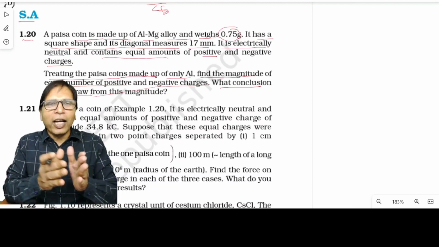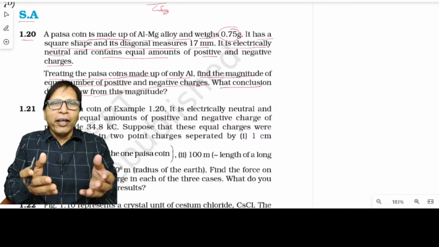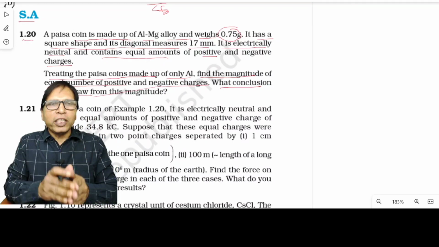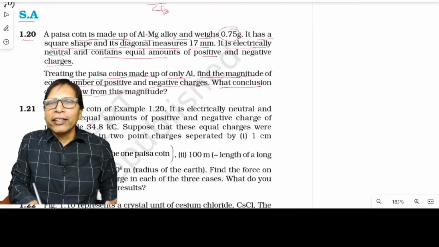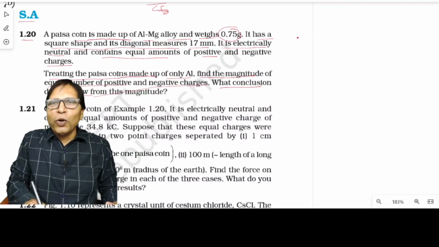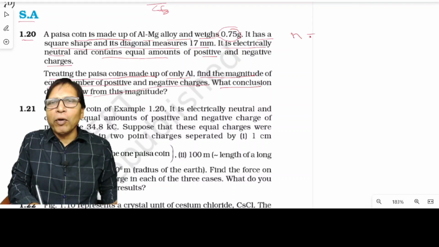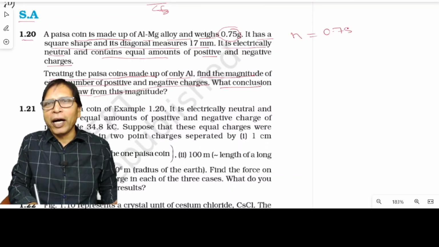Okay. Now to calculate the magnitude of positive and negative charge in the coin, we have to calculate the number of moles. This is 0.75 divided by 27 for aluminum.